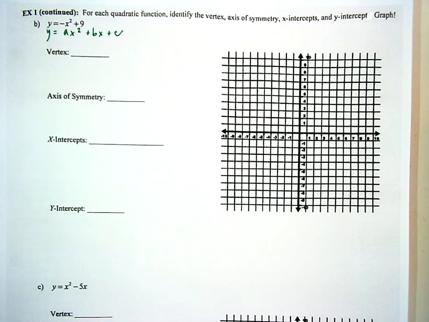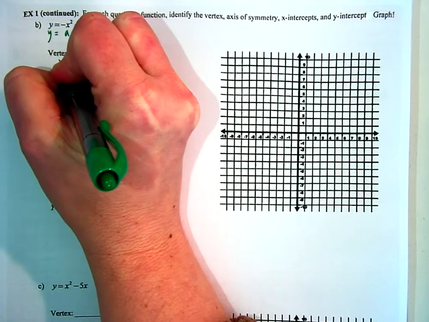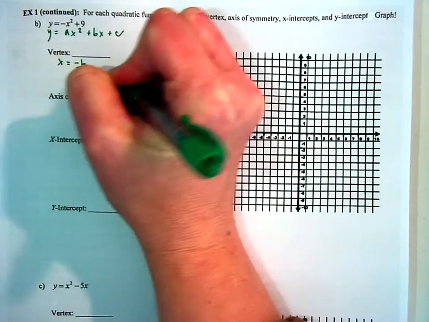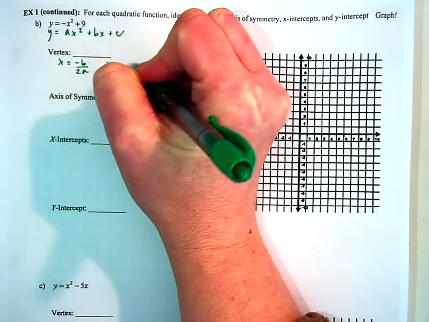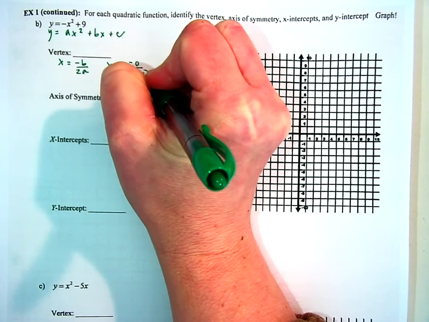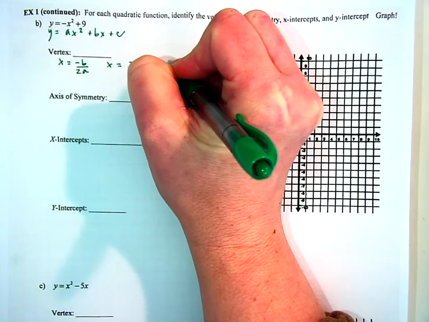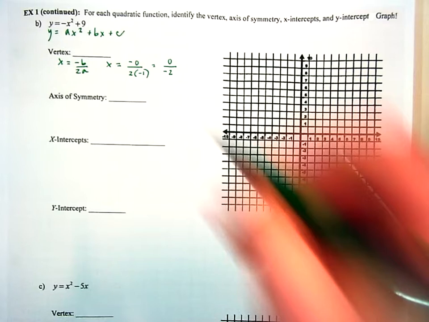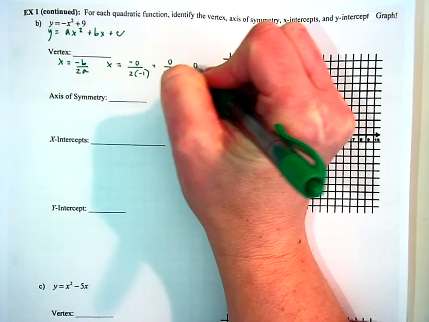So when I go after my vertex, watch what's going to happen. I know that it's x equals -b over 2a. So x equals, well, -0 over 2 times -1. So if I have 0 on top over anything on the bottom, it's going to simplify to be 0.